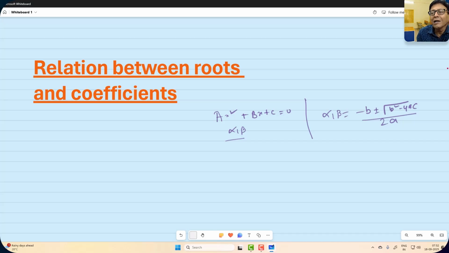And if you find the sum of these two roots, then alpha plus beta is going to be minus b by a, alpha into beta is going to be c by a. Okay?